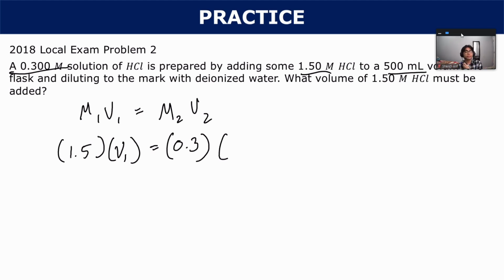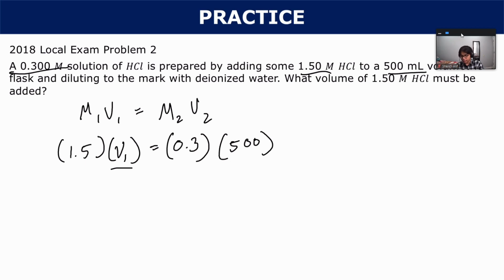Diluted to the mark just means that whatever volume you have, you then add however much water is needed to get to the mark. We know that the mark is 500 milliliters, so that's going to be our ending volume.